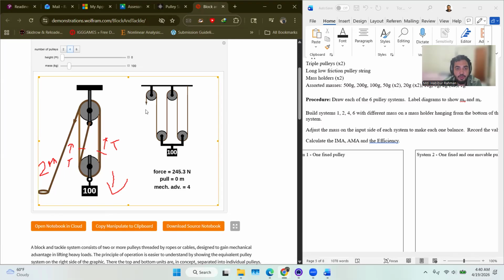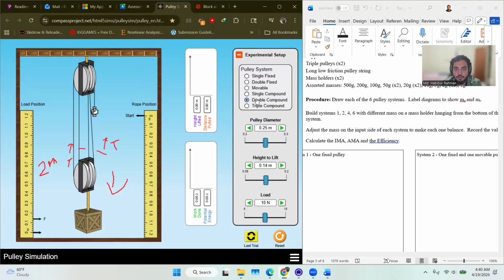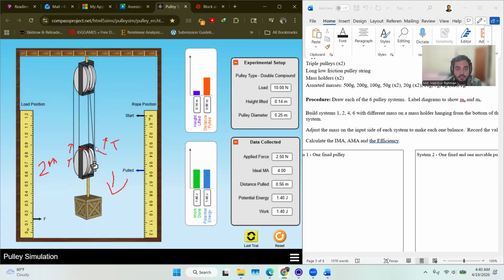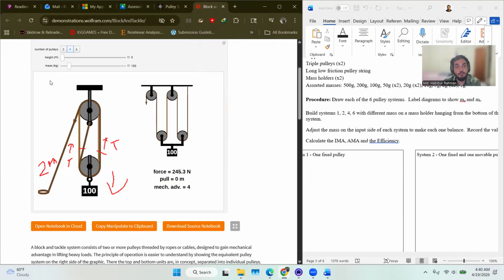So right now, if you want to pull 1 meter, you have to pull almost 4 meters of rope. That's why energy is conserved. But you have to apply a smaller amount of force, because tension force is pulling it upward.